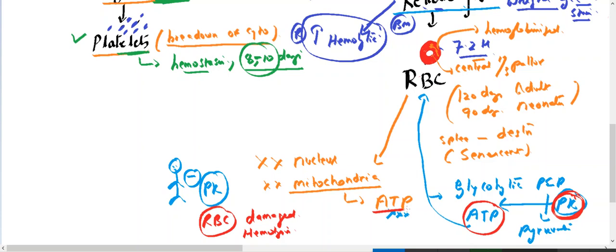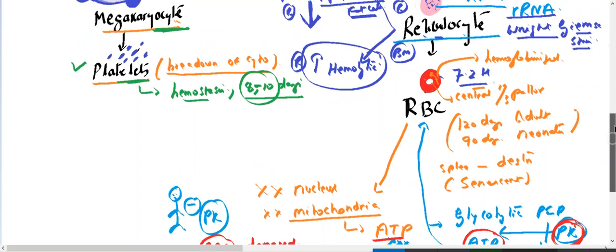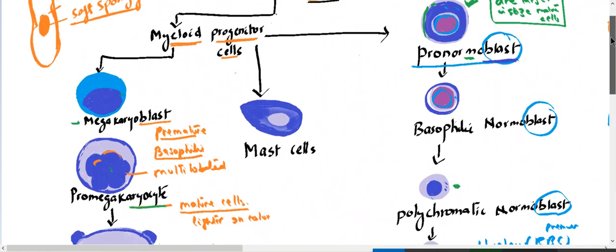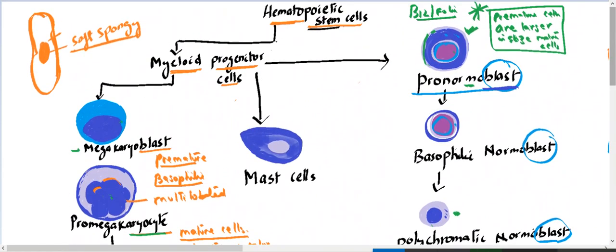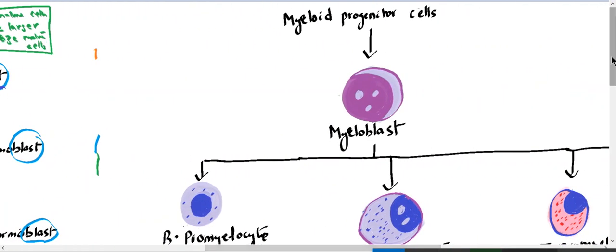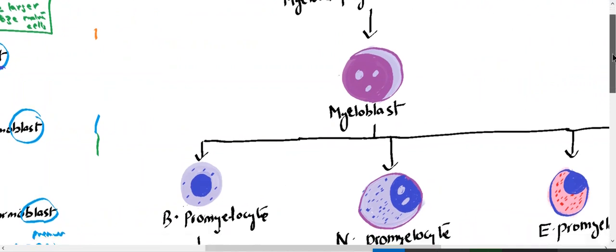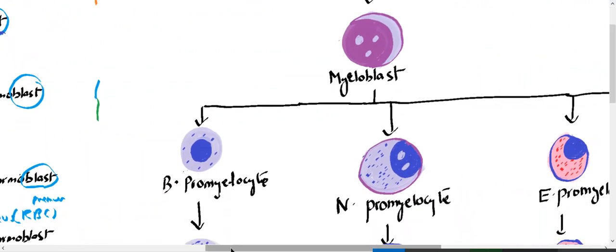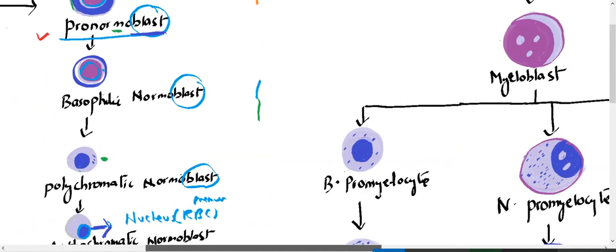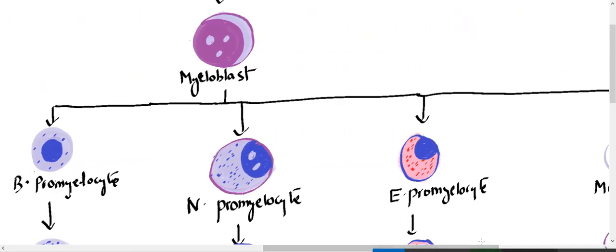Now we saw the platelet formation and the RBC formation. Now we will focus on the myeloid progenitor cells. From the same myeloid progenitor cells, as we discussed here, let me show you again, which form the platelet and the RBC, they also form the myeloblast.